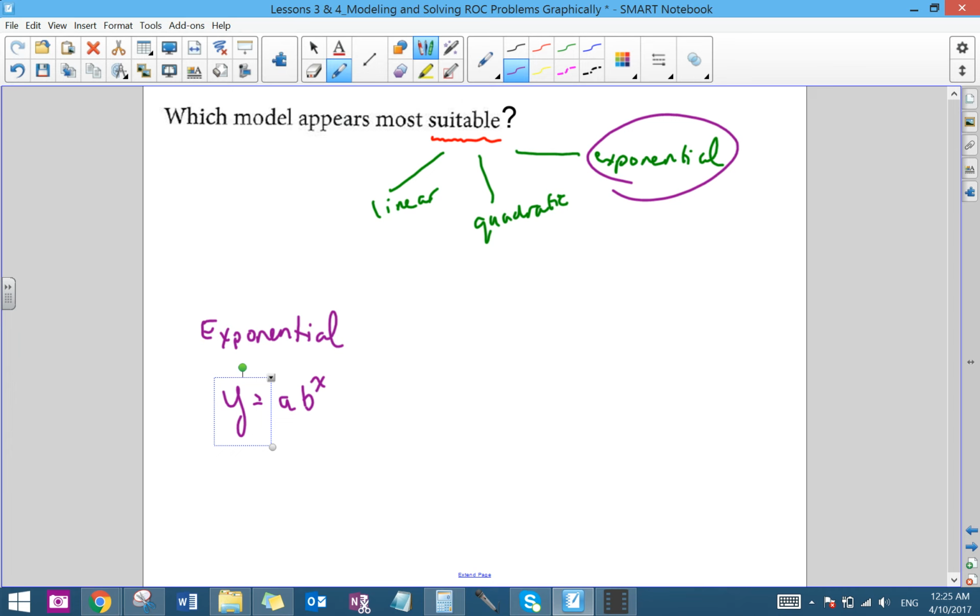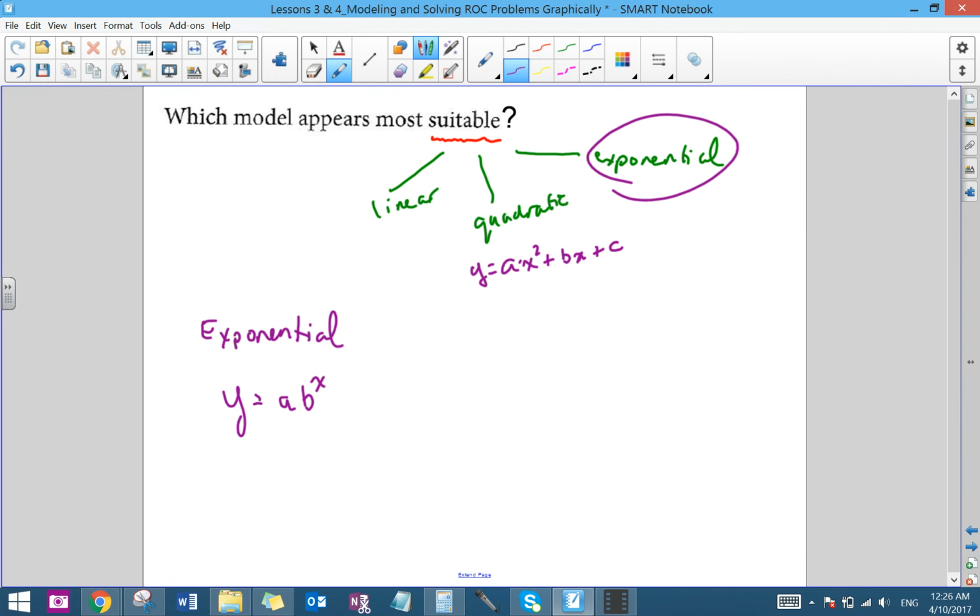In this case, we're talking about growth. The other models, of course, include the quadratic: y equals ax squared plus bx plus c.